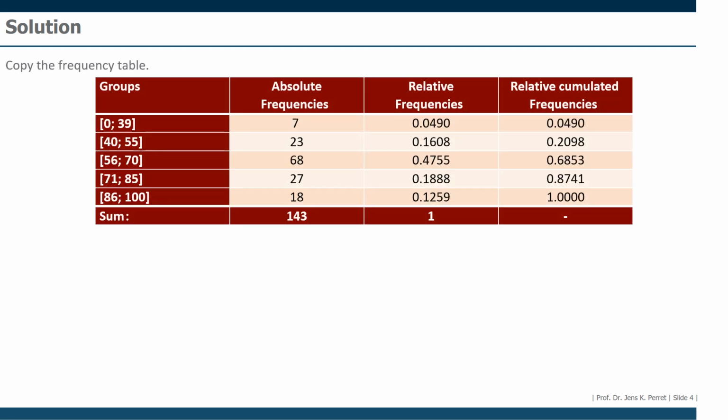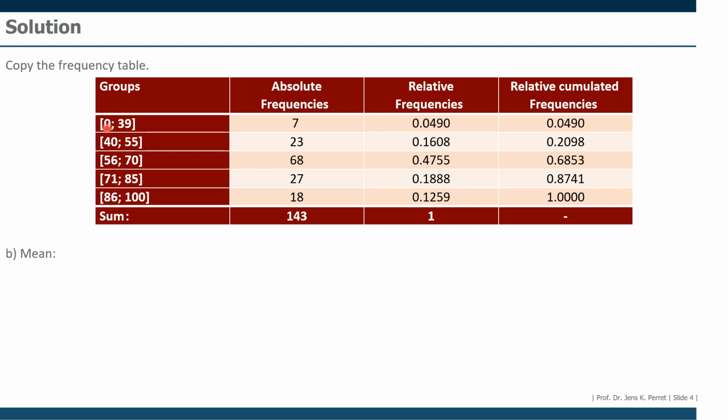So we're going to take the full table as before. However, we're not going to need everything of this for calculating the arithmetic mean. We only need these 2 columns. Because for the mean, we're always going to multiply the relative frequency with the mean of the group.